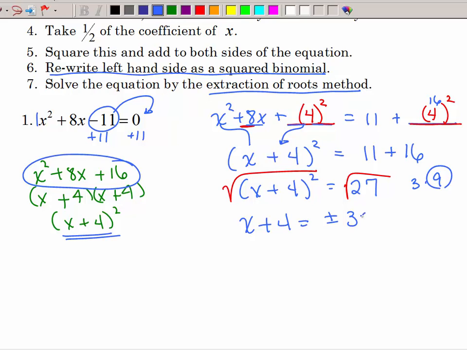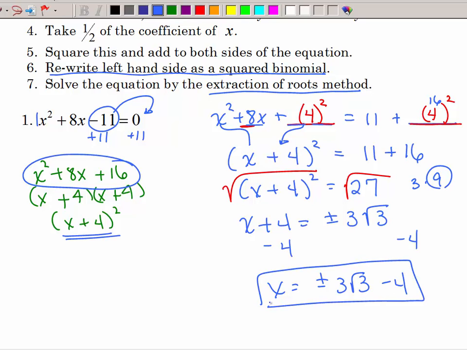The square root of 9 is 3. Then I still want to solve for x, so I'm going to subtract 4 from both sides. It's not hard, it is just a little bit different. Okay, so we have to just go through those steps and remember our extraction of roots method.